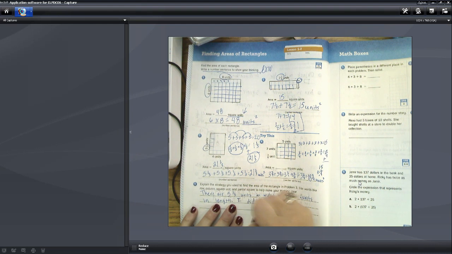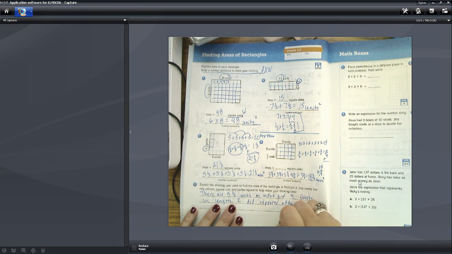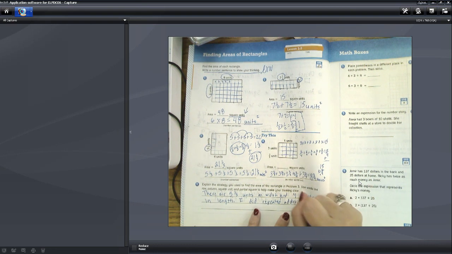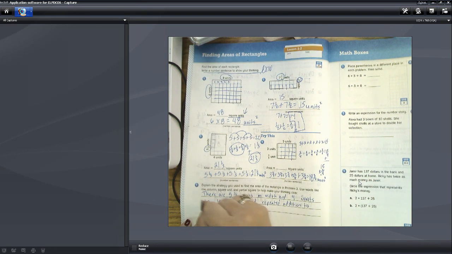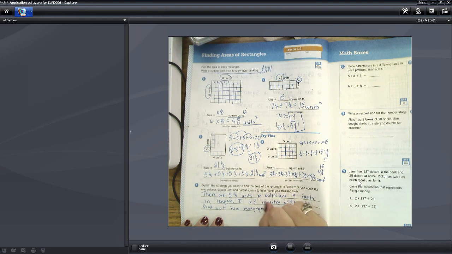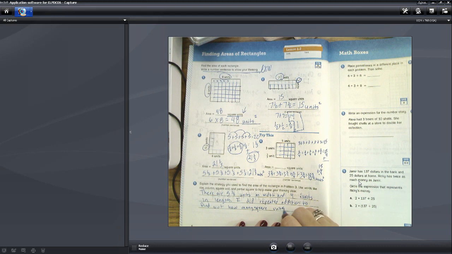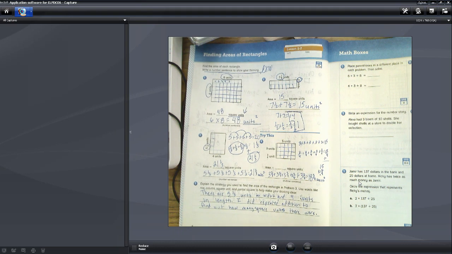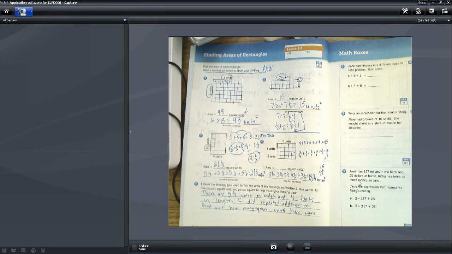I did repeated addition to find out how many square units there were. That's how I did it. It didn't say give me your answer. It said explain the strategy. I told you my strategy was I used repeated addition. Right? That's all you need to do for that problem.